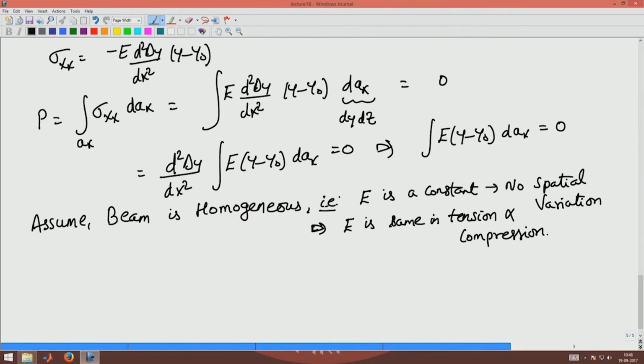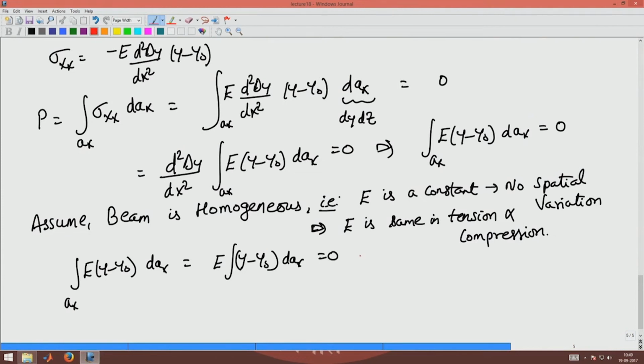Okay. Now, what happens is, I can pull out E since E is a constant. So, integral over A of x of E times (y minus y naught) dA of x gives E times integral (y minus y naught) dA of x equal to 0.